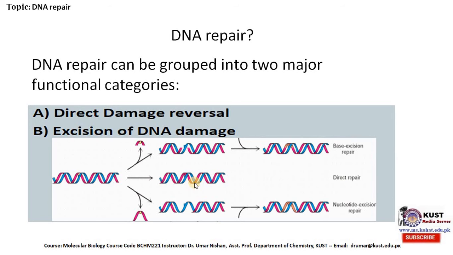In the direct repair, one can see that it is directly repaired from this diagram, and the excision repair consists of two broad mechanisms. One of the mechanisms is called base excision repair, in which the problem with the base is excised and then repaired, and the other is nucleotide excision repair.